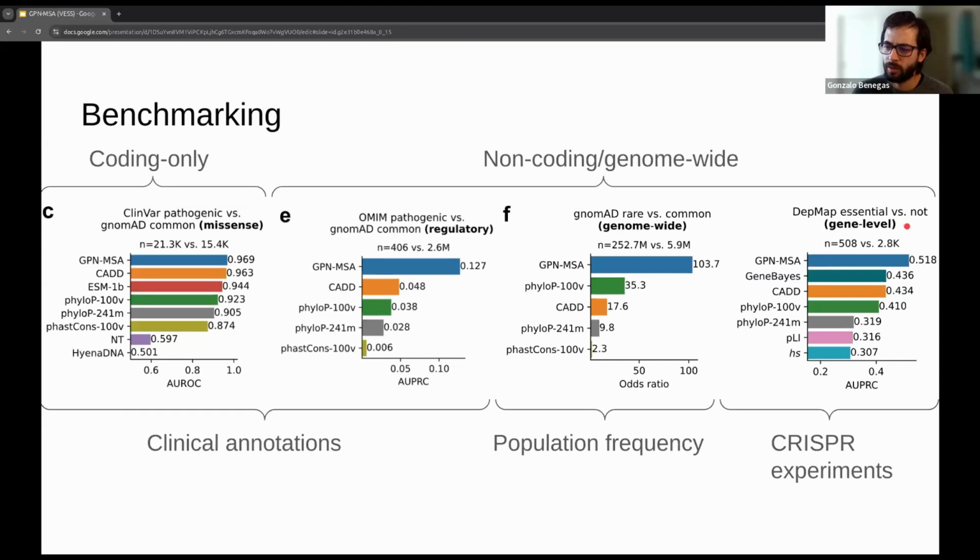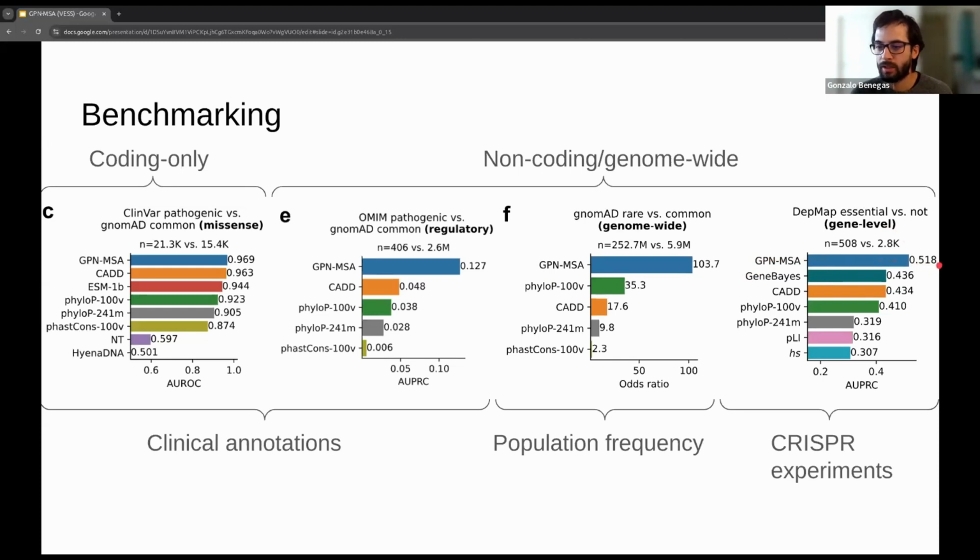So it's very important, and many models have been developed to give a gene-level constraint score or gene essentiality score, such as pLI, or more recently, GeneBayes. However, we also found that if we use the GPN-MSA scores, it also works really well at this task.